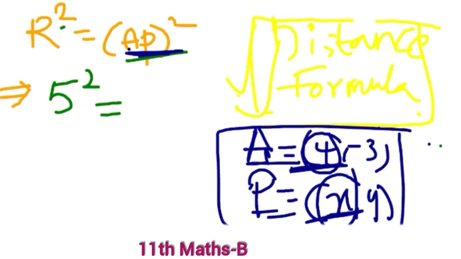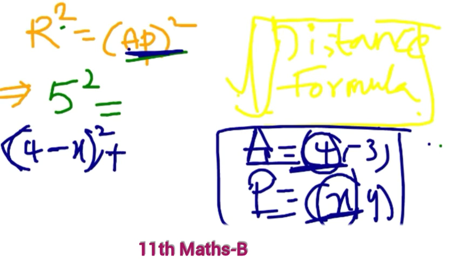So we have to write (4 - x) whole square. We should write in this format. Inside we have to give the minus symbol, and we have to give a whole square, not a square, whole square. Whole square means you have to also give the brackets here.